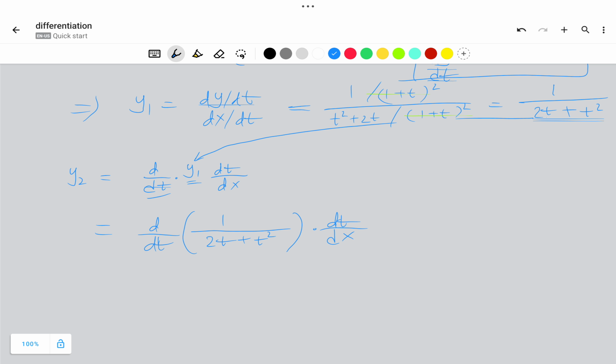And do we have dt by dx? We have already calculated dx by dt. So dt by dx would be equal to 1 upon dx by dt.